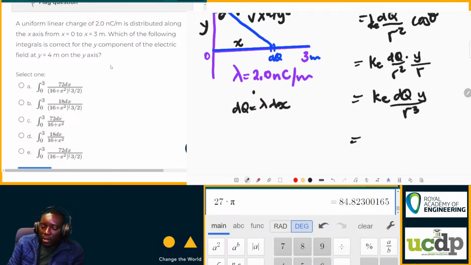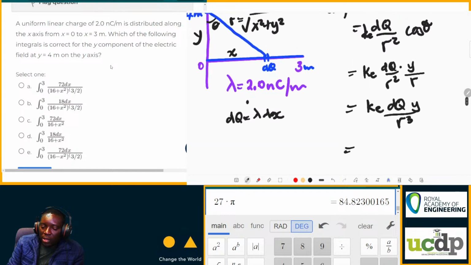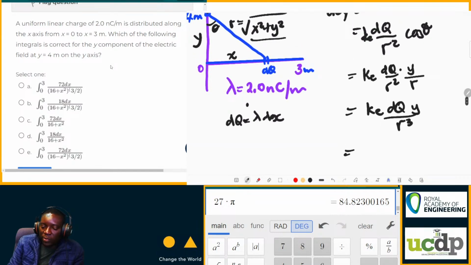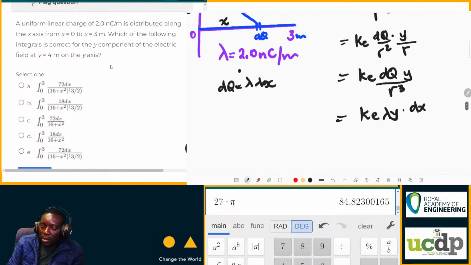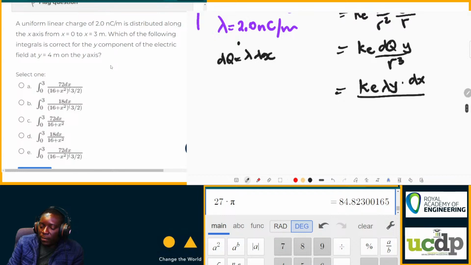I'm going to do two things here: replace r with this expression and replace q with lambda dx. So we have Ke lambda y dx over, so dq with lambda dx, the y is already there. r cubed is the root of x squared plus y squared, everything to the power 3.